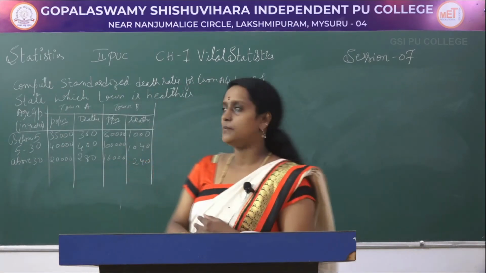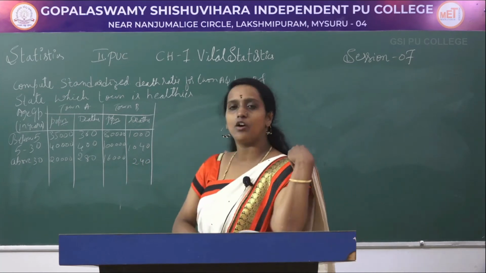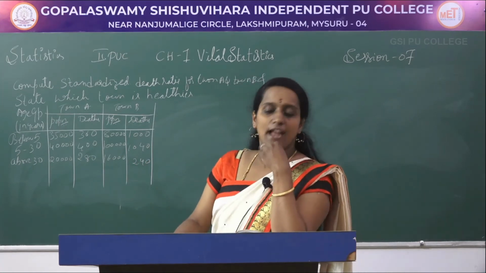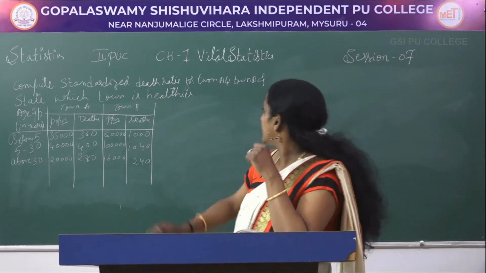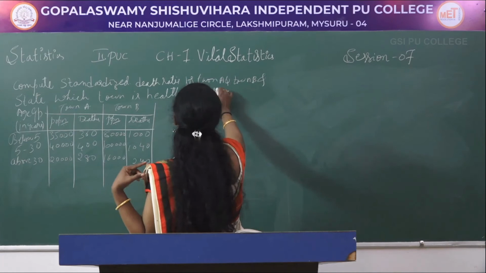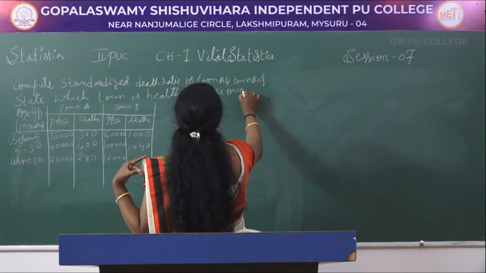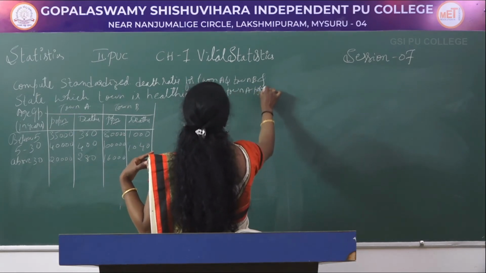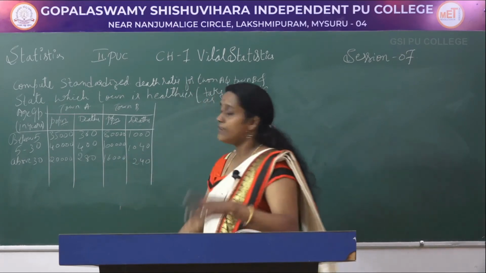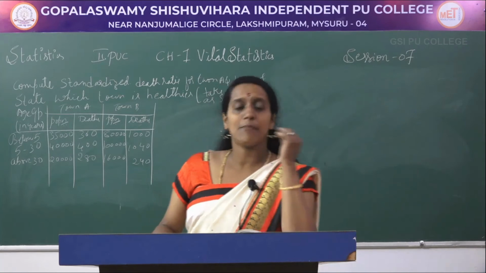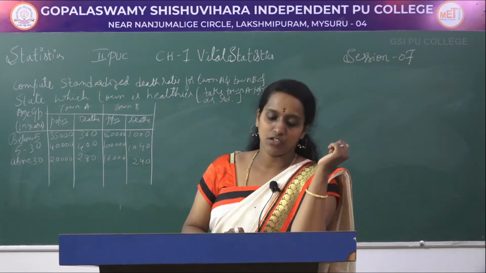See, in this problem they have not given the standard population, but they have told us, in brackets, to take town A population as standard. So we have to consider town A population as standard population.